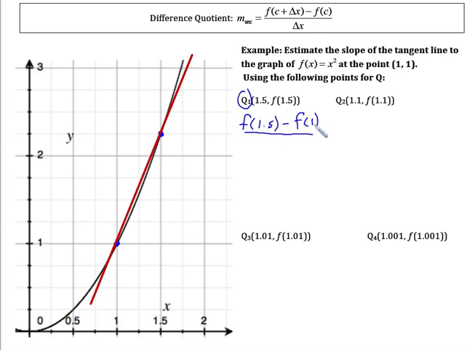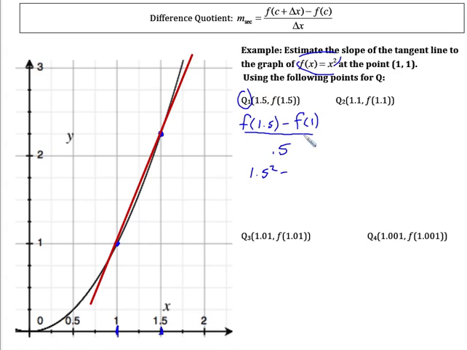And then on the bottom, we're going to put delta x. So again, remember, delta x is the difference from this x value to this x value. So in this case, it's 1.5 minus 1, or 0.5. So let's go ahead and calculate this out. F of 1.5, this is going to be 1.5 squared, because we're taking it right from this equation right here.